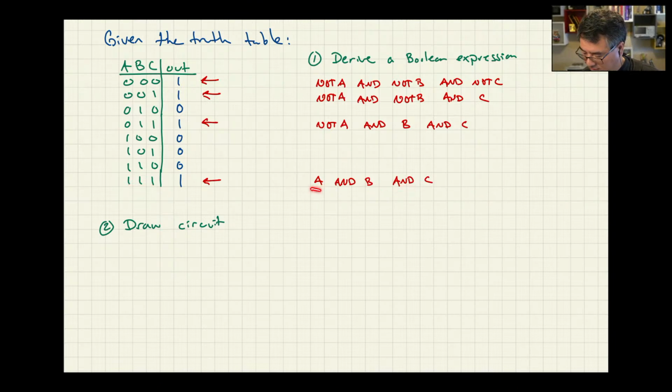So no nots anywhere in the expression. Another way to say it is the output for this last row is a 1 when A is true and B is true and C is true.